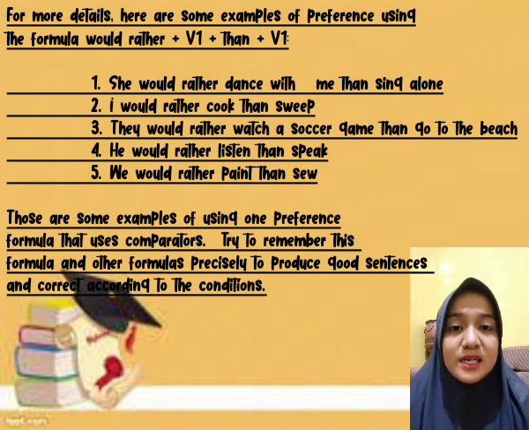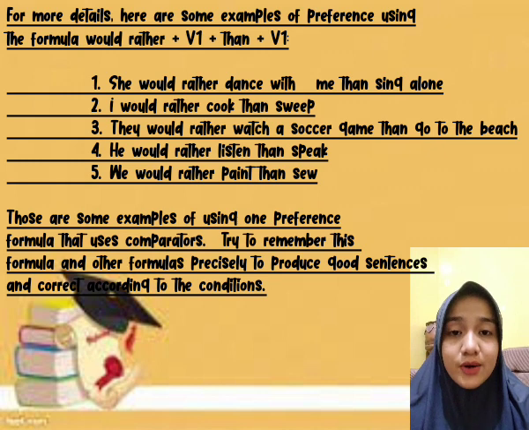So those are some examples of using a preference formula that uses comparators. Try to remember this formula and other formulas precisely to produce good sentences that are correct according to the condition.